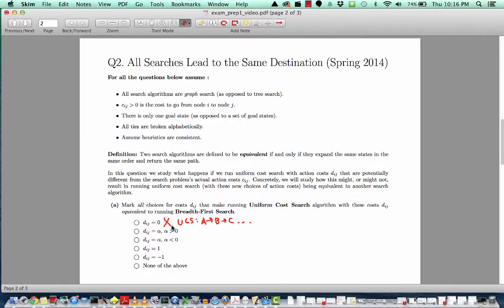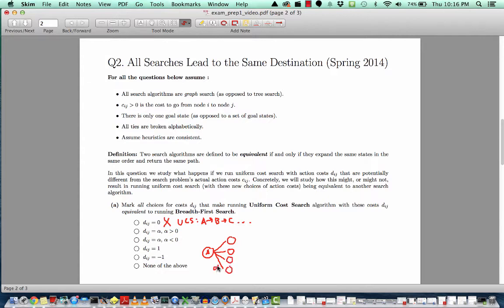In the second case, we're looking at when all of the edges have constant value alpha, for a positive value of alpha. Let's consider a search tree that starts here and expands to a bunch of states.